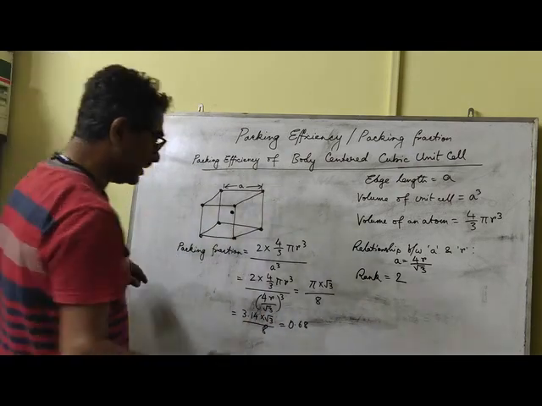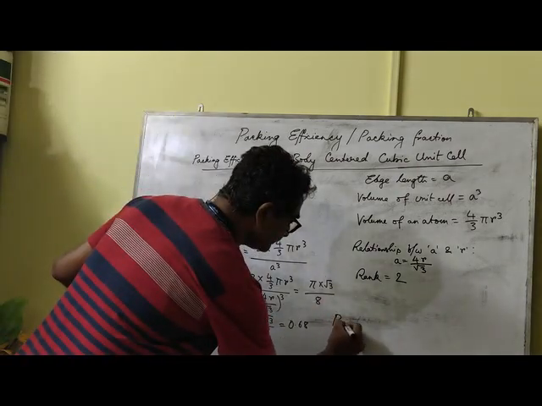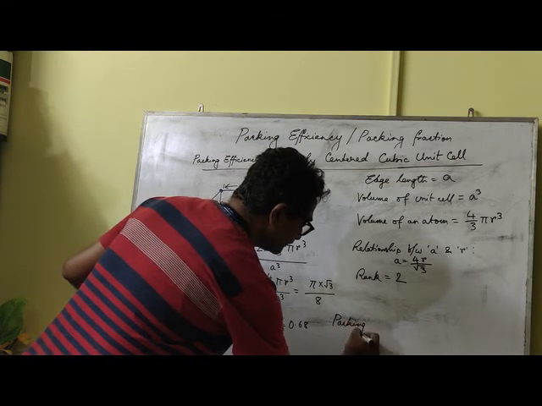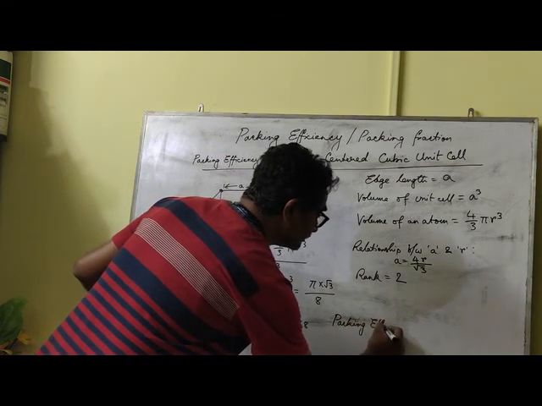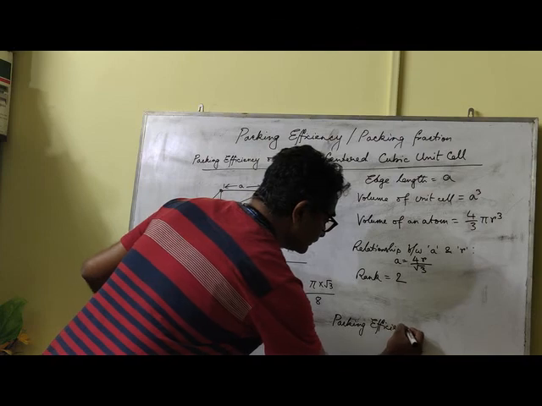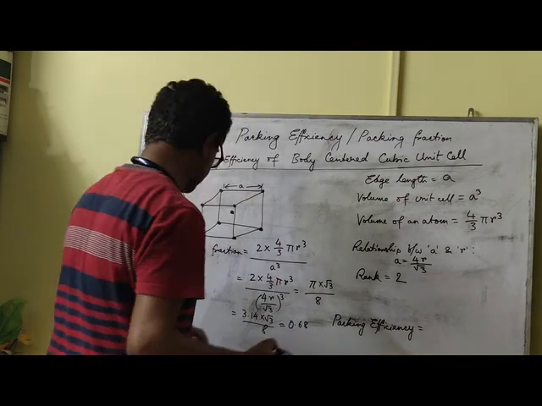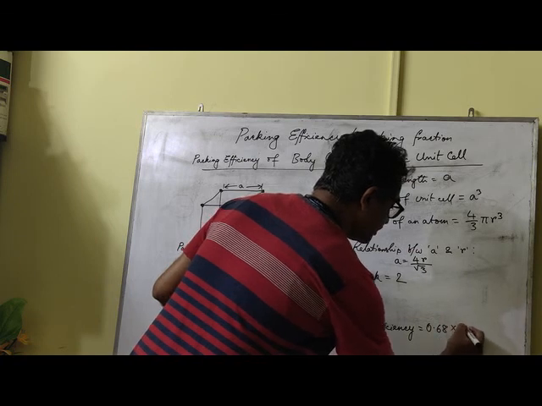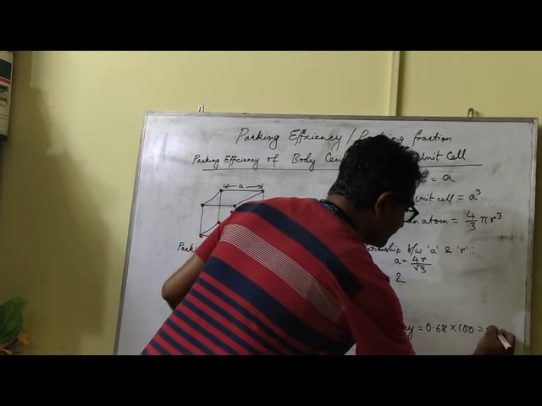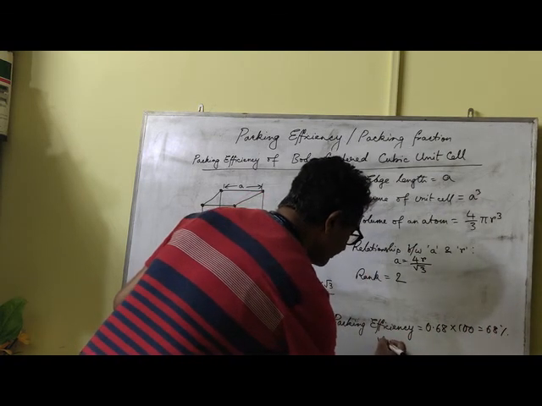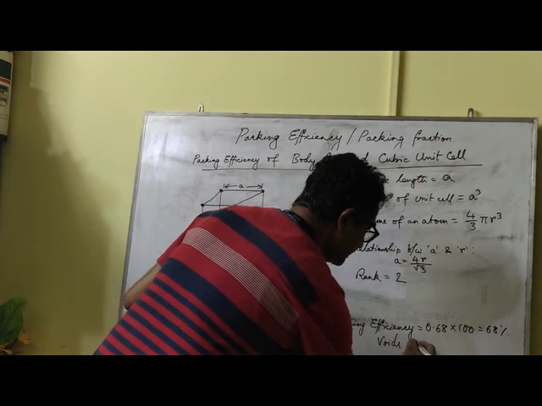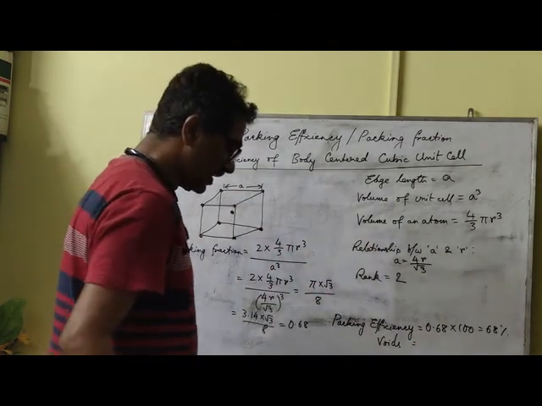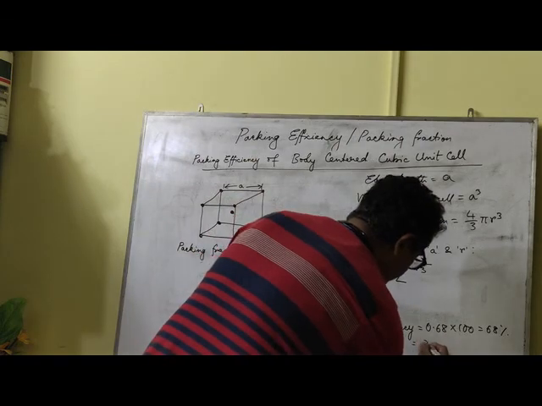To calculate the packing efficiency, we multiply by 100, 0.68 into 100, we get 68%. And voids, that is the amount of free space, is 100 minus 68, that is 32%.